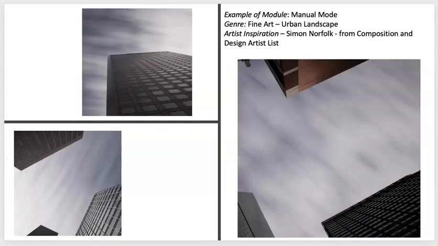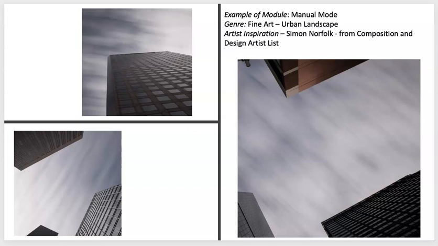Some examples of, again, being inspired by or reflecting from the manual mode module. These are fine art urban landscape, inspired by the work of Simon Norfolk. These are kind of like a little bit longer exposures during the day.